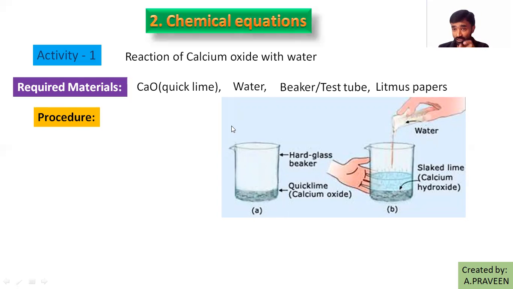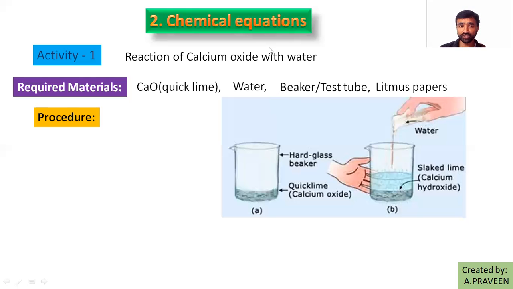Together they gave you a liquid solution called slaked lime or calcium hydroxide, right? Then use any colored litmus paper. It may be blue or red. Suppose you use blue litmus paper, drop it into the liquid solution. Then observe, does it change its color or not?